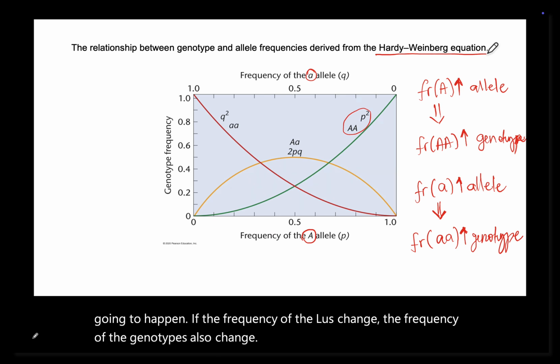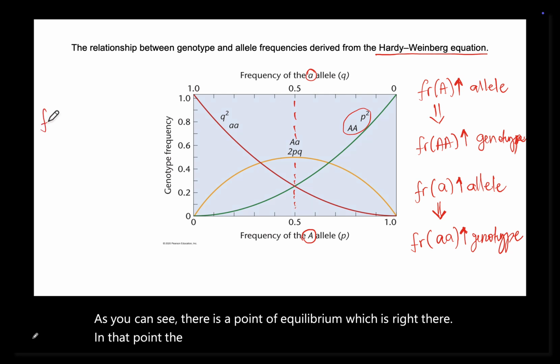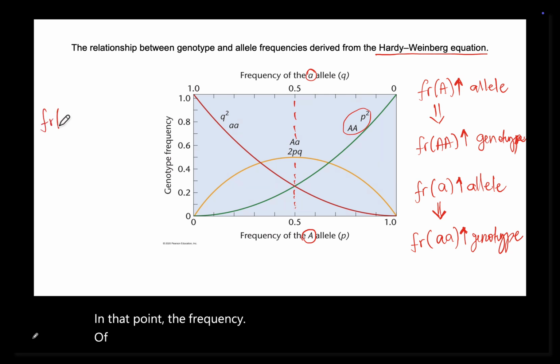As you can see, there is a point of equilibrium, which is right there. In that point, the frequency of the dominant allele is the same as the frequency of the recessive allele.